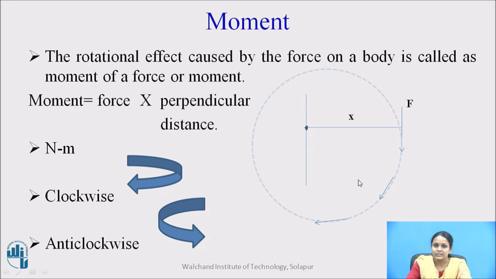It will rotate about this point in the clockwise direction. So the moment will have two directions, one is clockwise direction and another one is anti-clockwise direction. Here this force F is acting downward, and if I take the rotational effect about this point, it will give the clockwise movement. And we will consider the clockwise movement as the positive movement.